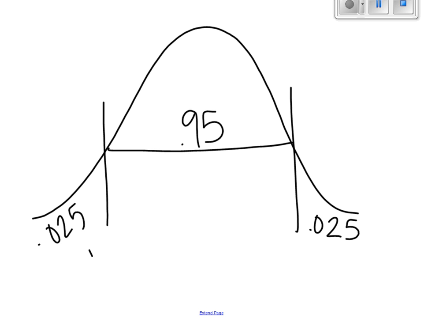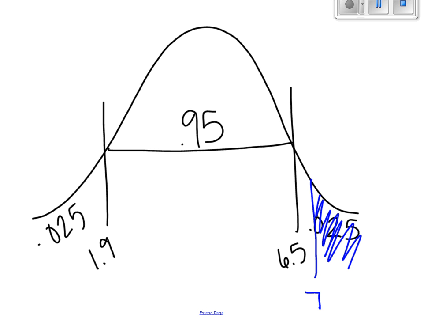And my interval is 1.9 to 6.5. The null hypothesis that they're asking me about is 7. That would produce a p-value that's less than 2.5%. It's two-sided, so I have the same p-value on the other side. If I take something that's less than 2.5% and double it, it's going to be less than 5%. So it'll be less than the alpha, and that's the whole concept behind it.